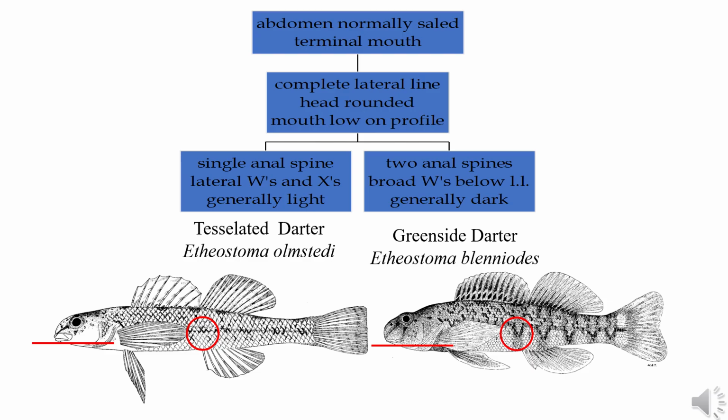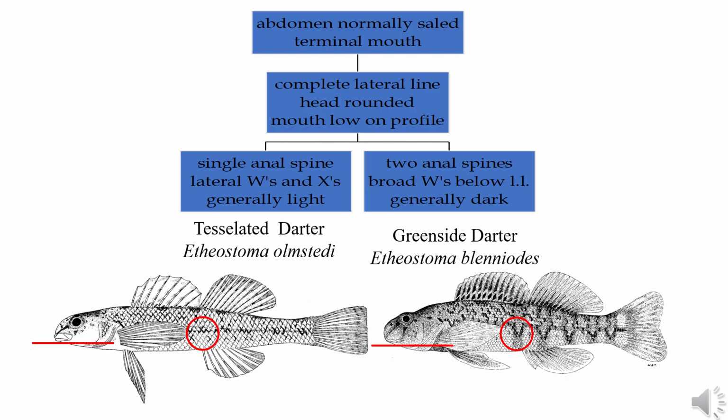The greenside darter also has that rounded head. The mouth is low on the profile, but it will have these big broad W's or V's below the lateral line. Very, very abundant. And generally this is a dark darter, if not flat out green. During the spring and summer, those V's or W's will just be bright green in spawning condition.